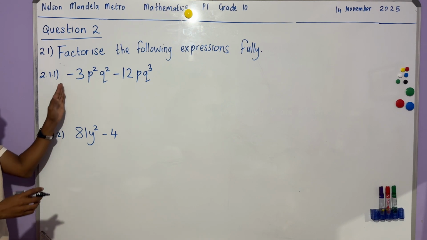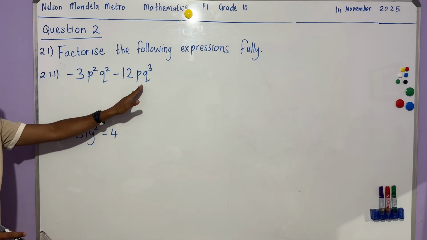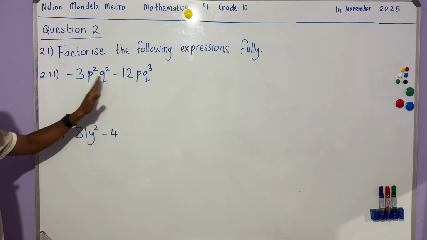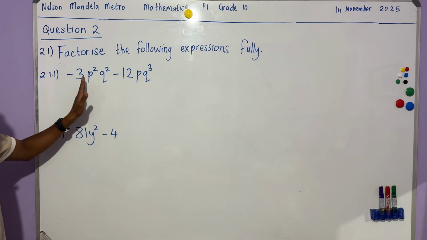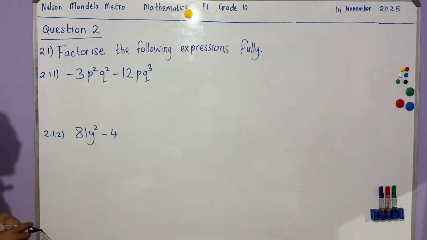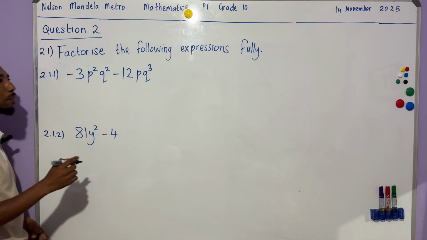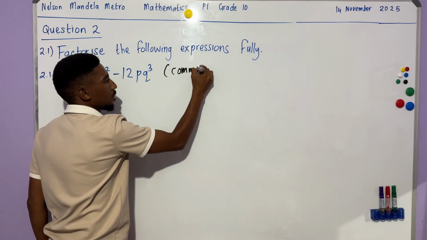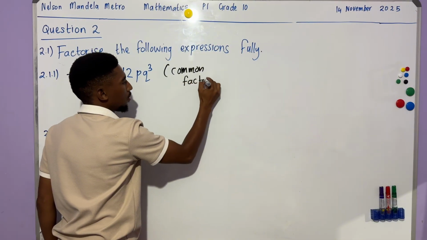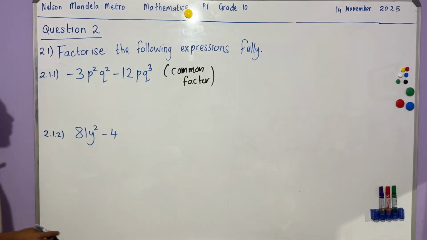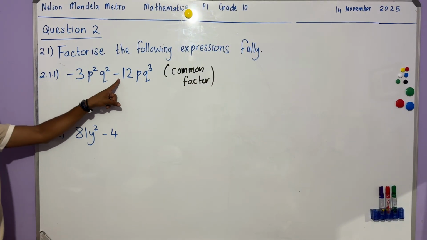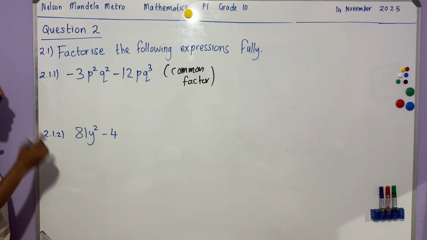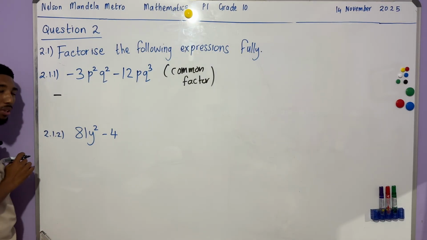When I look at this, the first thing I see is that both of these terms have common variables. So I would go in the direction of common factor factorizing. Before the numbers, we have a negative sign. When we have a negative sign, we also take that negative as common.